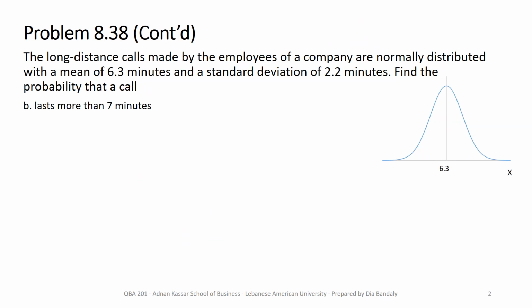In part B of this problem, the question is to find the probability that the call will last more than 7 minutes. Something that maybe I mentioned before: in all probabilities where we have the PDF, it helps a lot to visualize the area or the probability that we're looking for.